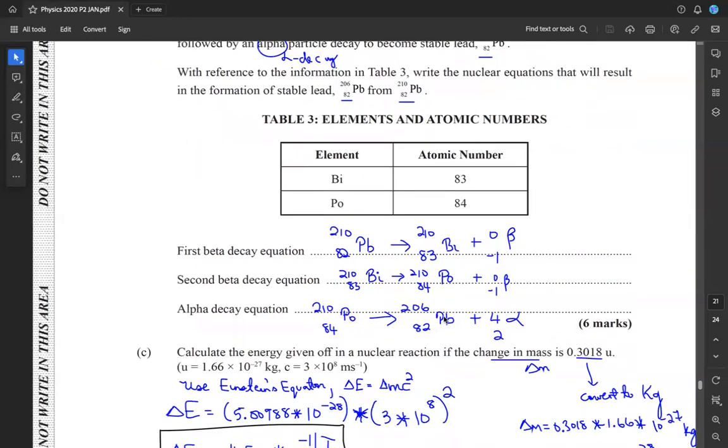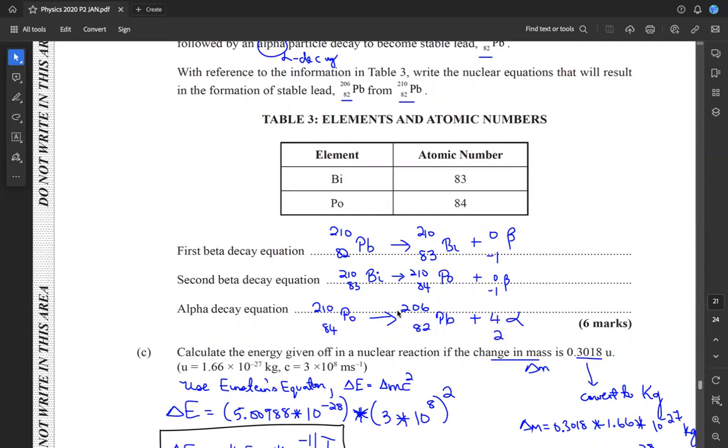So then finally, we're going to take this polonium now, and it's going to undergo an alpha decay. And remember, whenever we undergo alpha decay, our mass number decreases by 4 and our atomic number decreases by 2, and that's because we are literally giving off this helium nuclide or this alpha particle, which has this particular mass, okay?